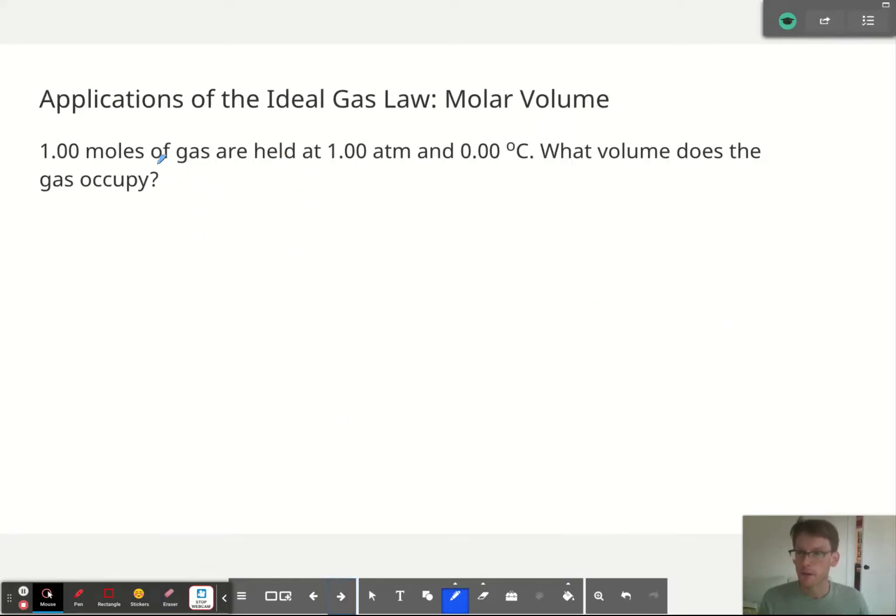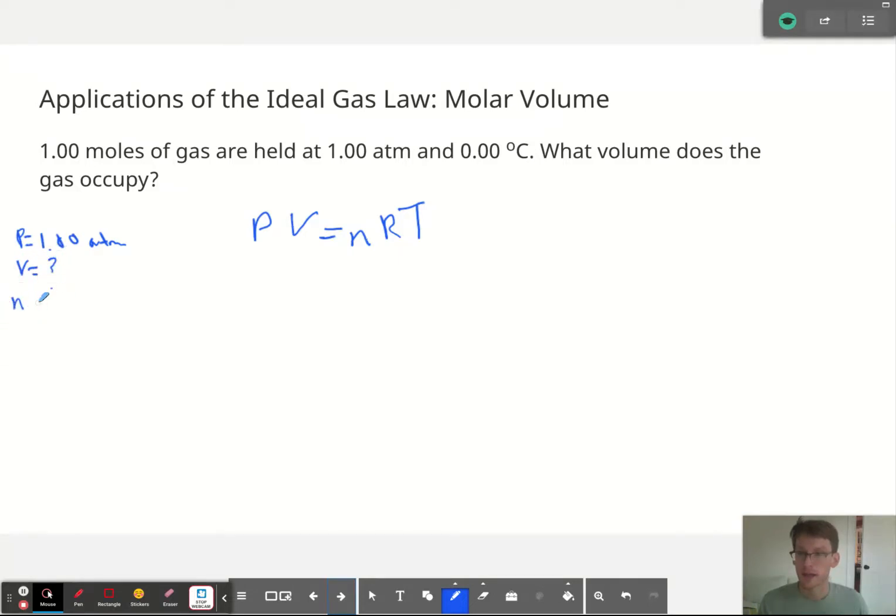So let's try out a calculation. We have 1.00 moles of gas held at 1.00 atmospheres and 0.00 degrees Celsius, and we're trying to figure out the volume that the gas occupies. We know that PV equals nRT is the equation that we'll use. We know that P equals 1.00 atmospheres, and V is our unknown.